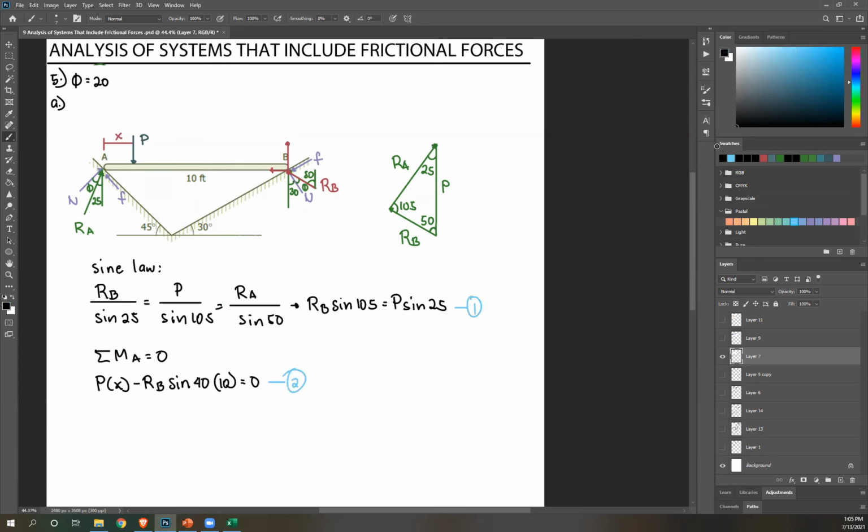This is your equation 2. You can solve for x. Please solve. What's x? Good, it's 2.8.